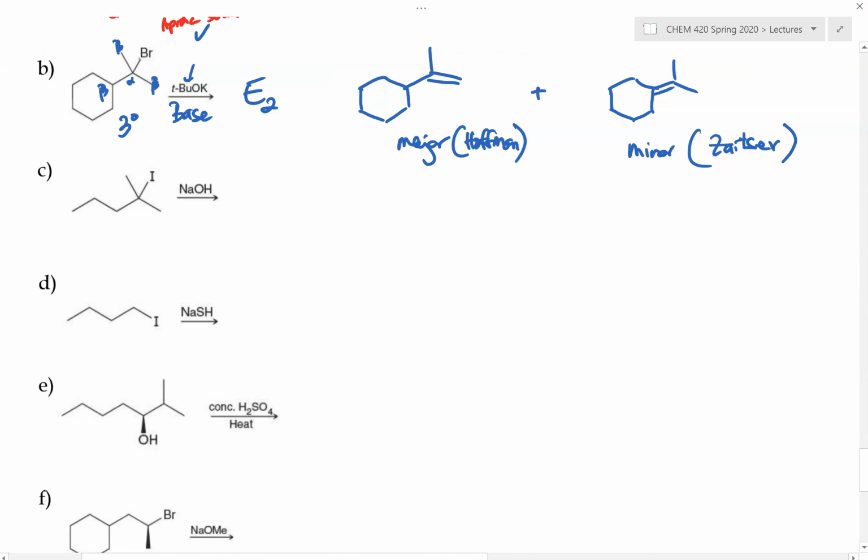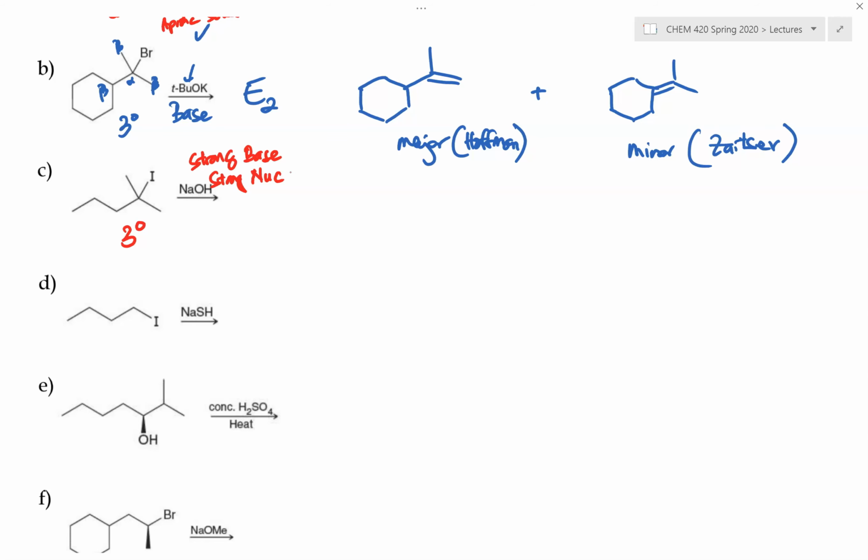Here we have a tertiary substrate and we have sodium hydroxide. And we know sodium hydroxide is both a strong base and a strong nucleophile. Because the reagent is both a strong base and a strong nucleophile, it can undergo both substitution and elimination reaction.